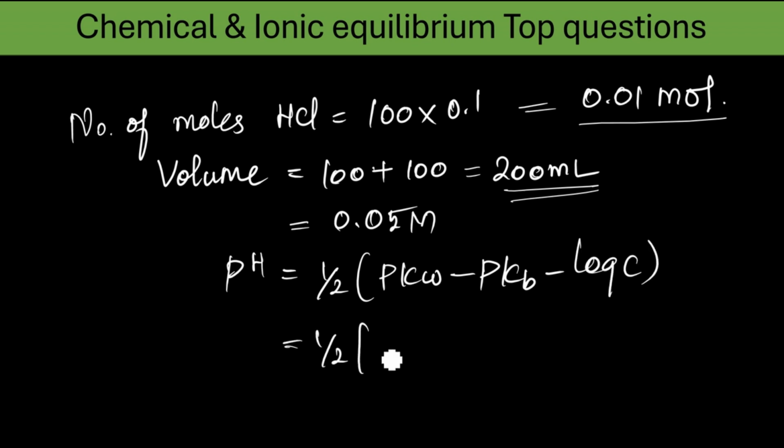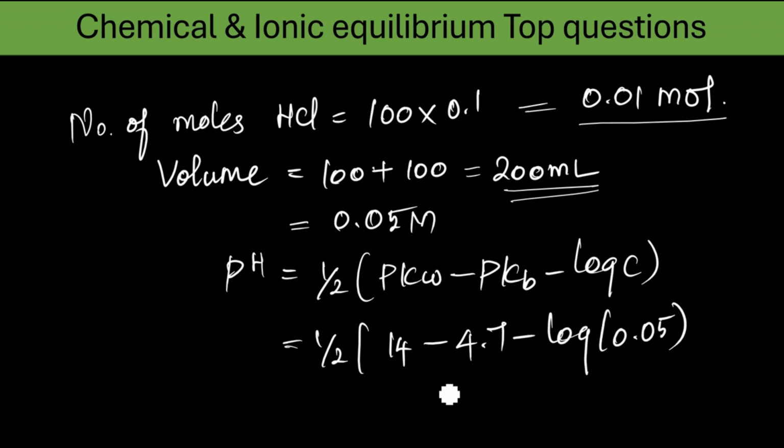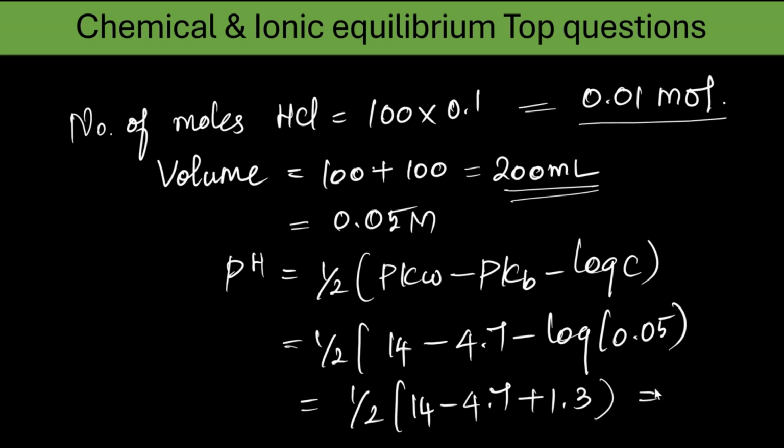So we know pKw is 14, and the pKb value we found is 4.7, and log C is log 0.05, right? So log 0.05, that is 1.3. So substitute the values, 14 minus 4.7 plus 1.3. So pH comes out to be 5.3 here.